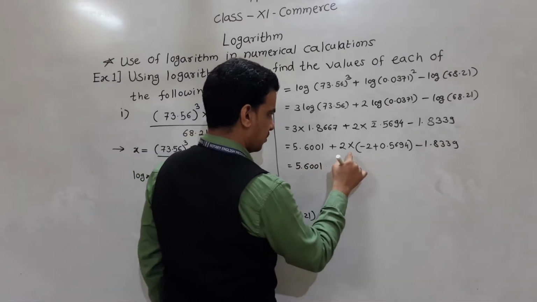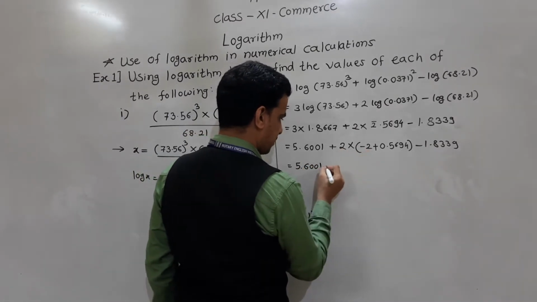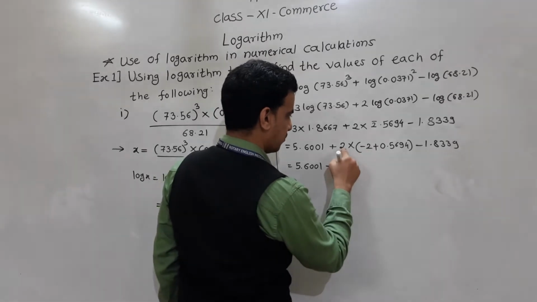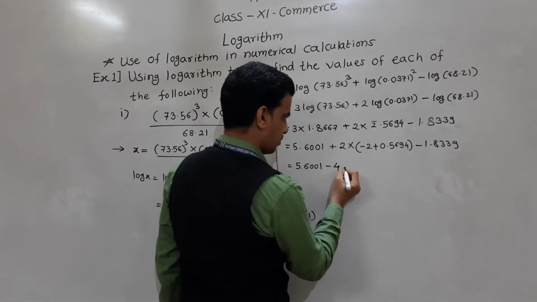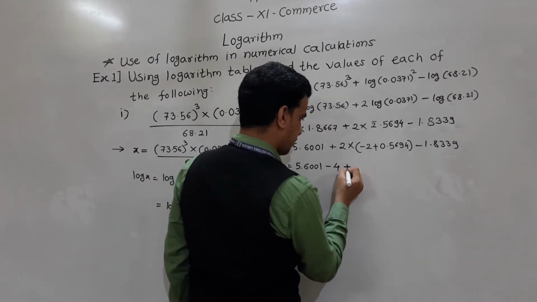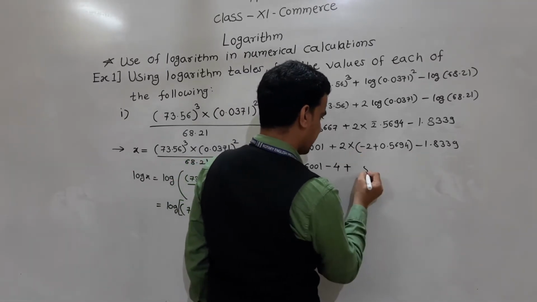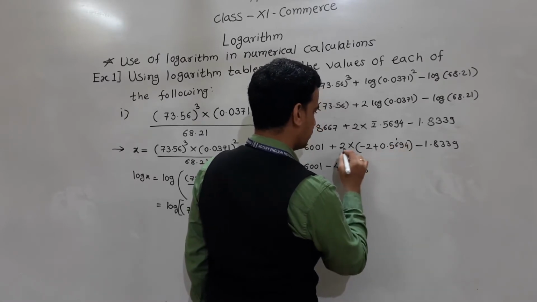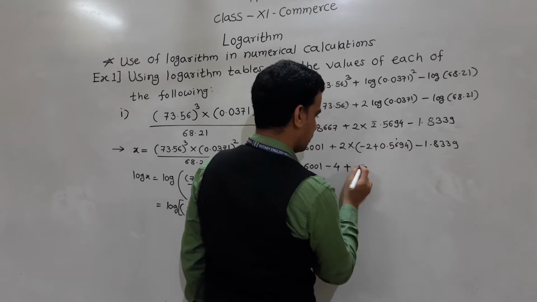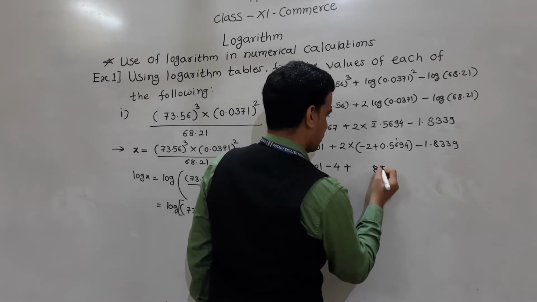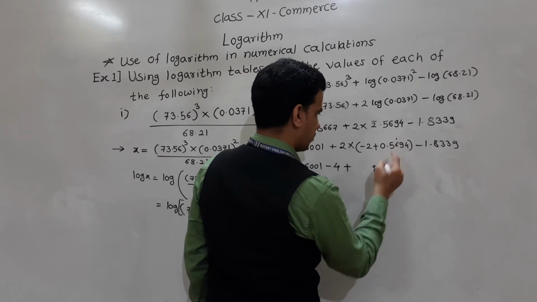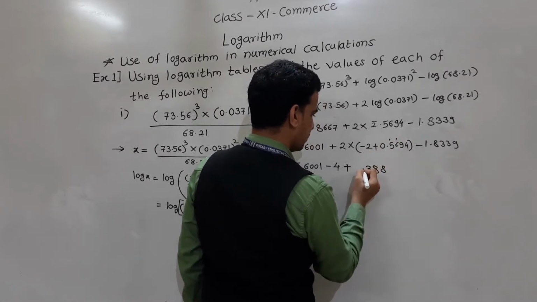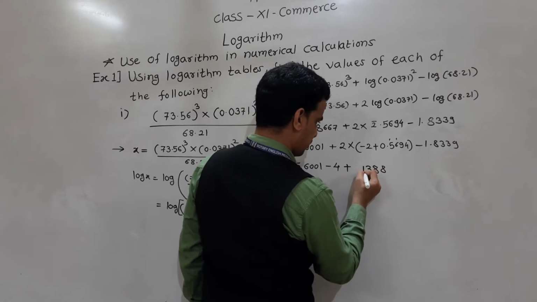So it is 5.6001. We have to multiply this inside. So 2 into minus 2, minus 4. Then 2 multiply here. So it is plus 2 fours are 8, 2 nines are 18, 1, 2 sixes are 12 plus 1, 13, 2 fives are 10 plus 1, 11.